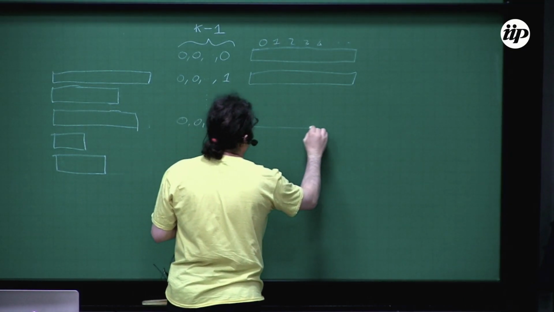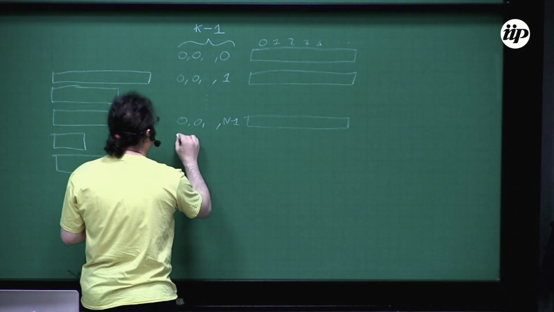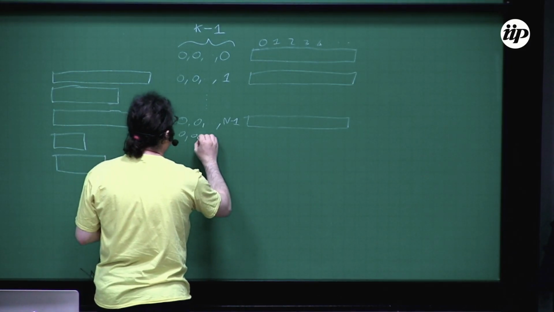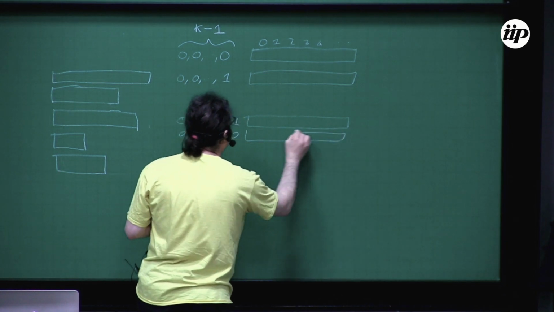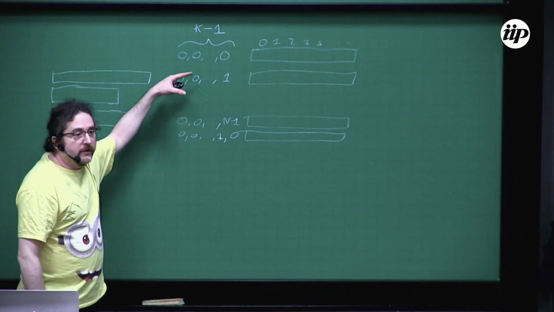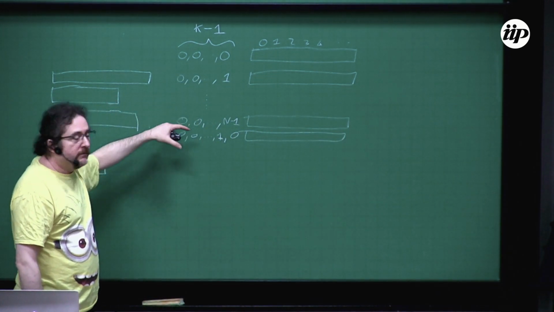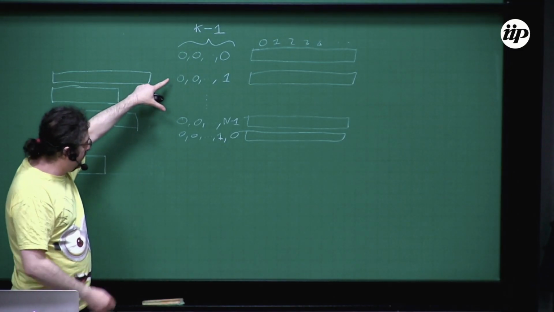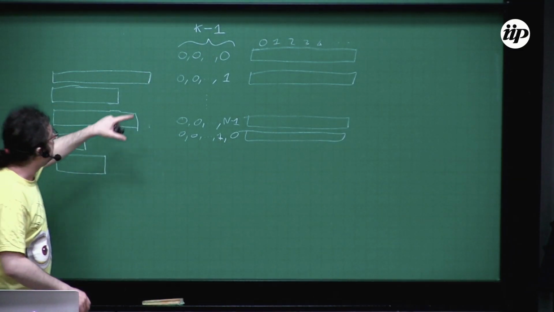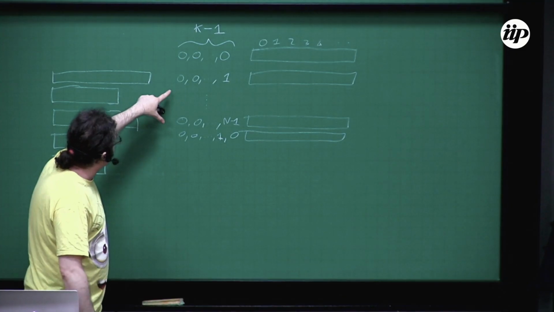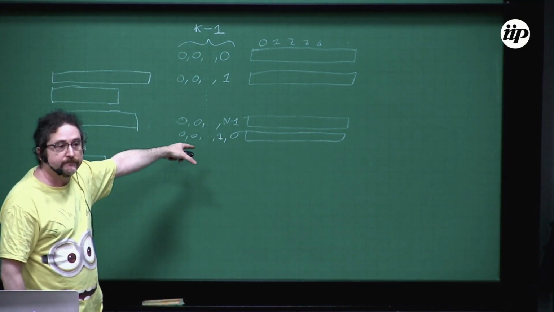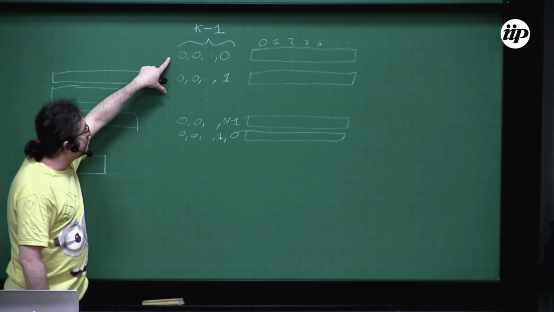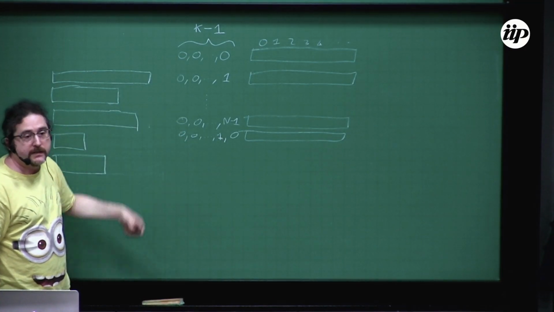And again 0, 1, 2, 3, 4. And then you go 0, 0, dot, dot, dot, 1, 0. So each row in sequence would correspond to a sequence of the first k minus 1 indices that is exactly like this. This will be the first row, this will be the second row, and so on and so on and so on.